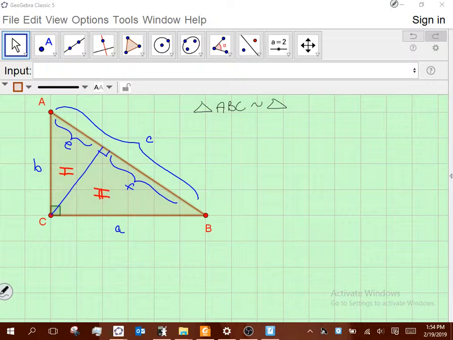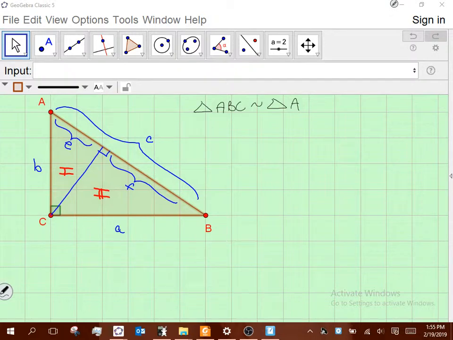What angle do ABC and triangle number 1 have in common? A. Okay. In the two triangles, which angle is the right angle in ABC? C. What's the right angle in triangle number 1?